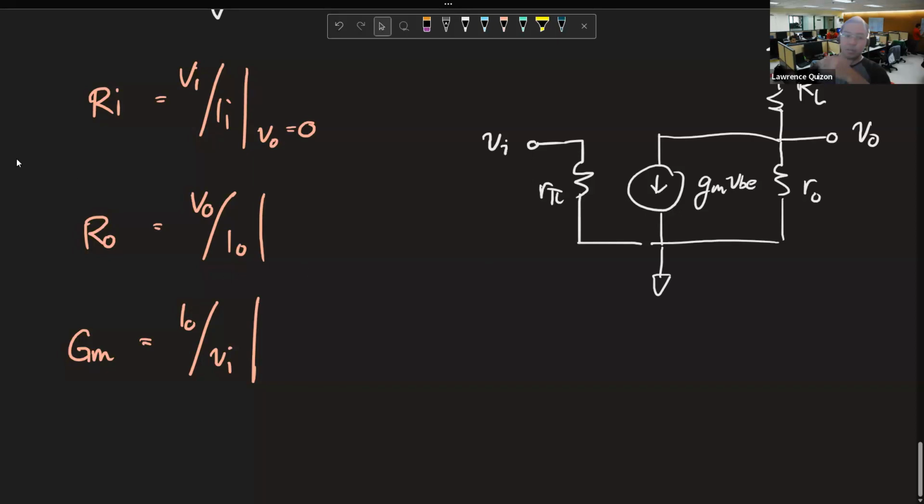Ano yung condition for R out? So, V out cannot be 0 for R out, right? And I out cannot be 0 for R out. Kasi, yun yung kinakalculate natin. For R out, that's 0 input. Tama, no? So, for 0 input, I'll just set V in equals 0 for simplicity, no?